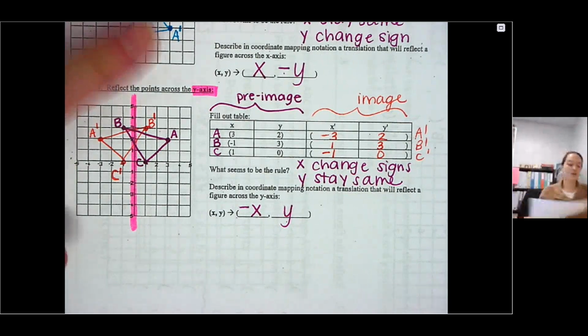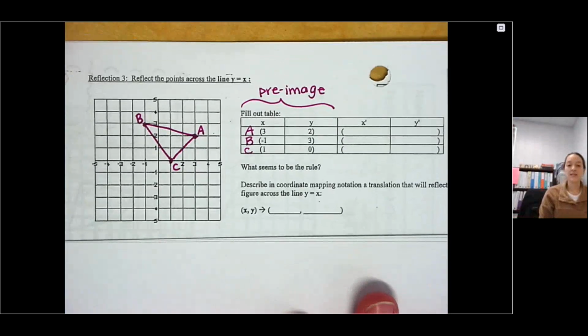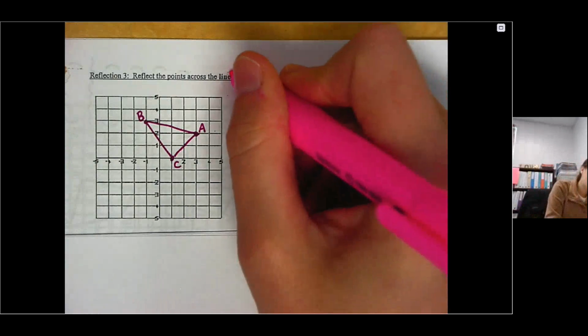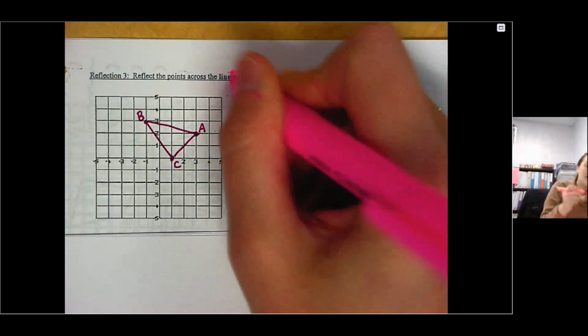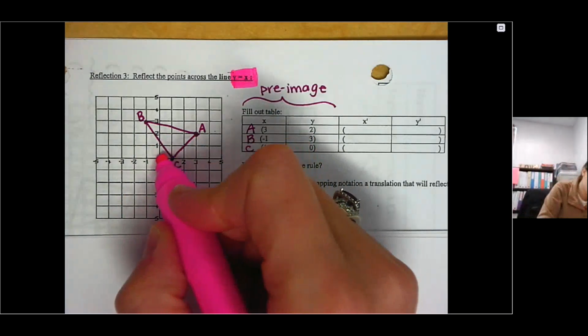Okay, we've got 2 more reflections. Now, reflection number 3 is a little interesting because this is a reflection across the line Y equals X. The line Y equals X means any number you plug in for your Y value will also come out to be your X value. So if you plug in a 0 for Y, that means your X is a 0 as well. So that's the origin.